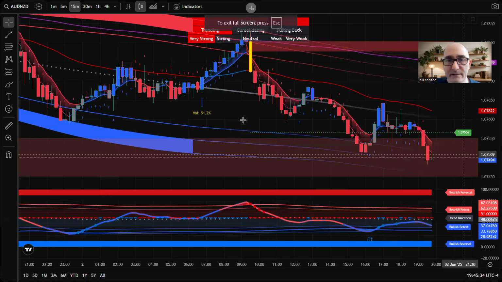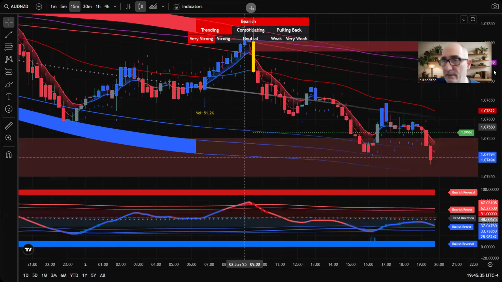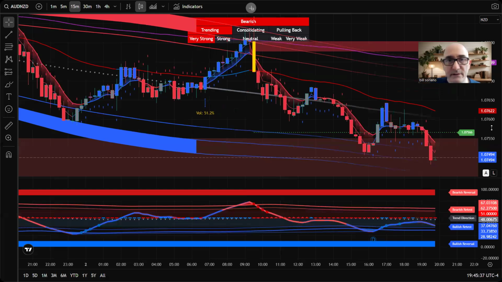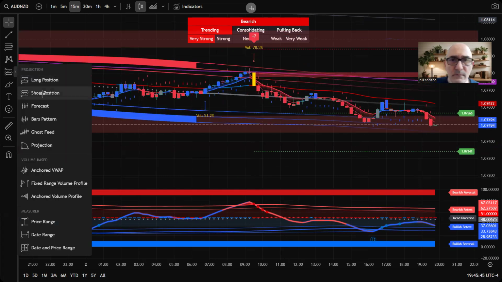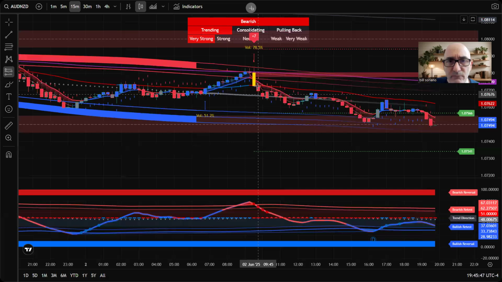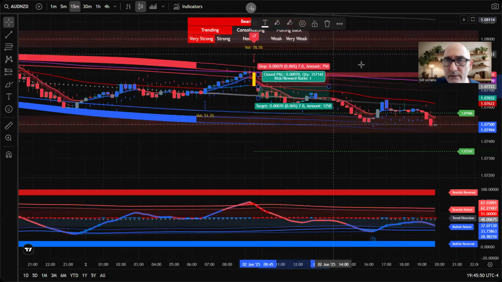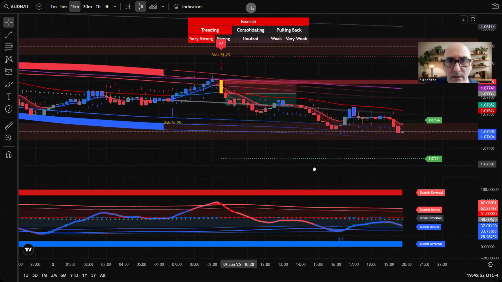So this here, guys, AUDNZD. As you can see here, this was a good trade to take. Let's just see if we take our short tool out. If we get in right here, right? Let's see here.